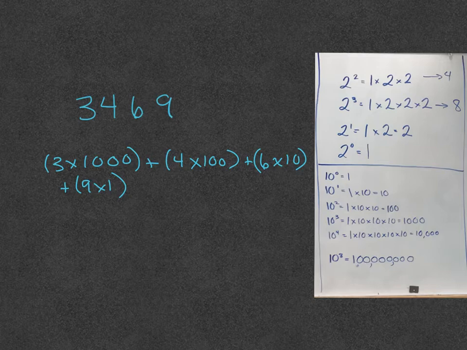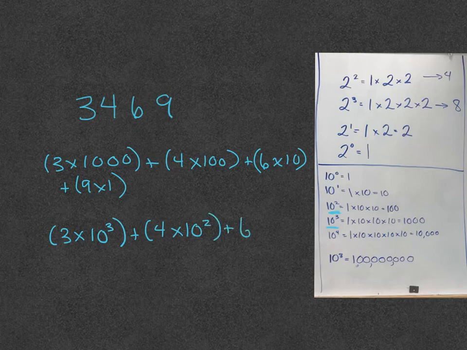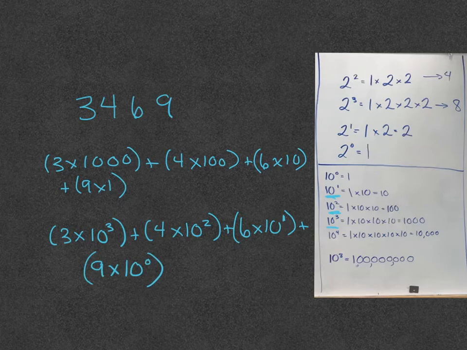So 3 times 10 to the third, plus 4 times 10 to the second, plus 6 times 10 to the first, that's the tiniest one, plus 9 times 10 to the 0. If you remember from our last lesson, anything to the 0 power is equal to 1, so that's why this is 10 to the 0 power.